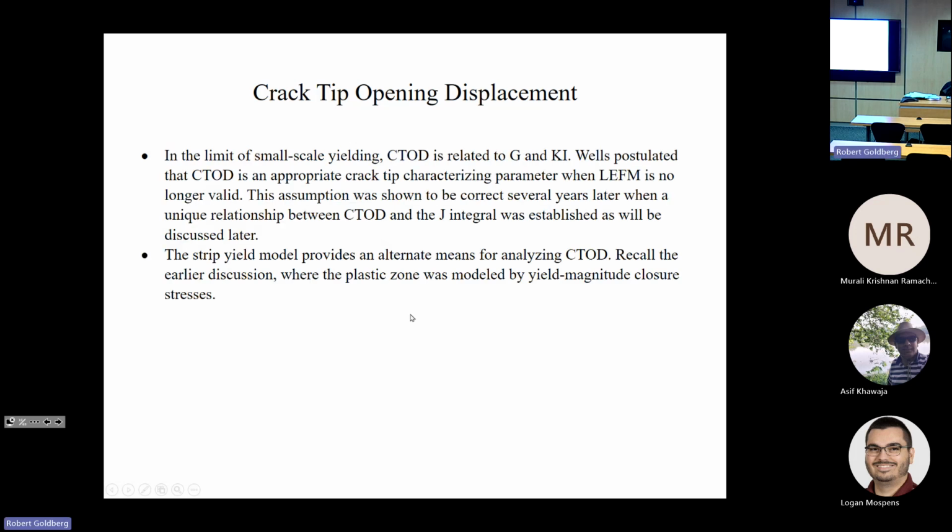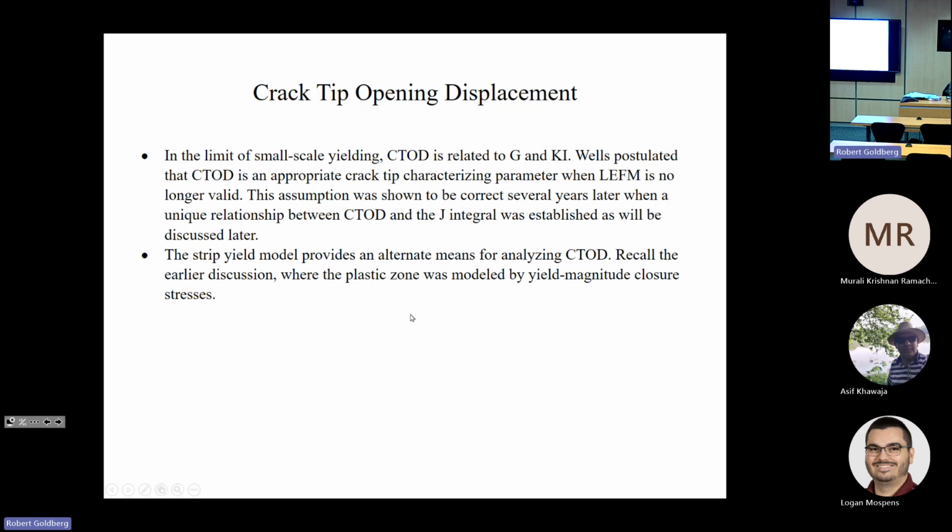So in the limit of relatively small scale yielding, the crack tip opening displacement is related to the strain energy release rate and the stress intensity factor. And Wells postulated that the CTOD is an appropriate crack tip characterizing parameter when linear elastic fracture mechanics is no longer valid.